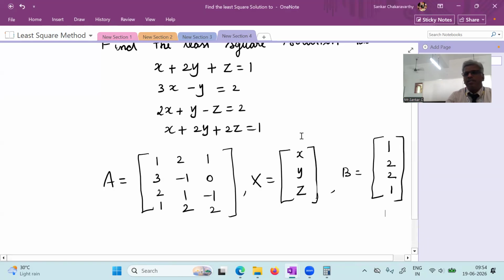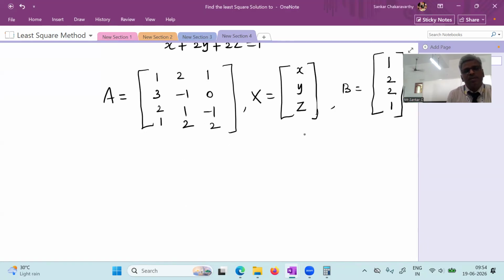And this is the matrix form, and it becomes the system of equations, that is Ax is equal to b.